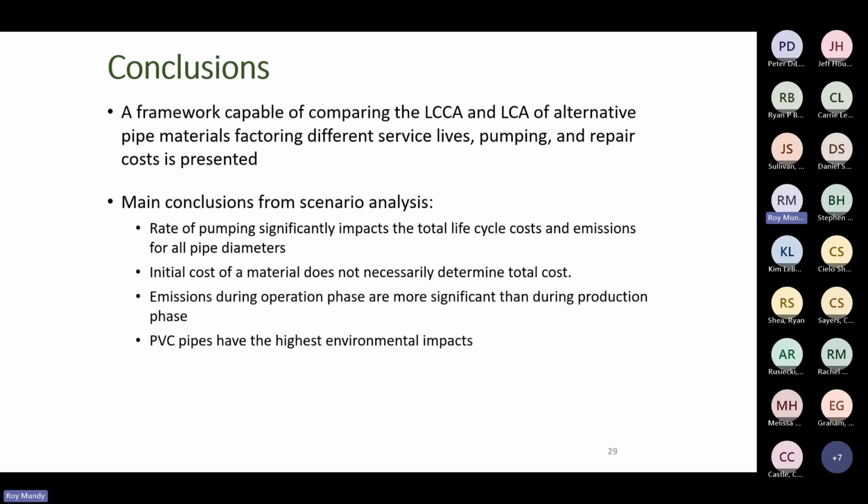So the conclusions that the University of Michigan came to as a result of this research, which I think was about 18 to 24 months of research prior to the release of this paper, basically was that you could, number one, have a framework to look at comparing different pipeline materials in terms of life cycle cost analysis and life cycle assessment.